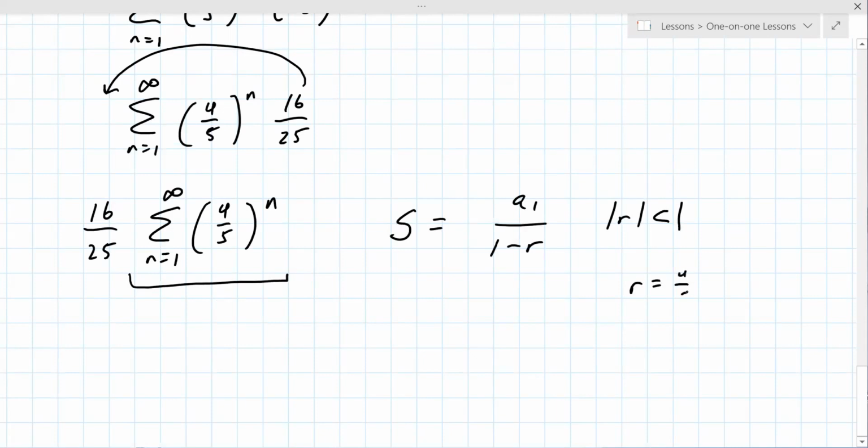The common ratio, 4 over 5. It's always this number in parentheses if you get it to the power of n, just n. Not negative n, not n plus 1, just n. That's your r. What is your first term? Well, you get that by putting 1 into this. So your first term is 4/5 to the power of 1, which is 4/5. Again, sometimes these are the same. It's not always, but sometimes they are.